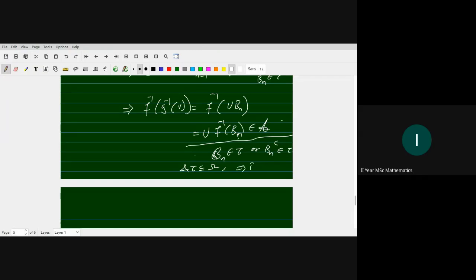That means Bn belongs to omega, Bn complement belongs to omega, and Bn also belongs to omega for all n. So this is the reason.